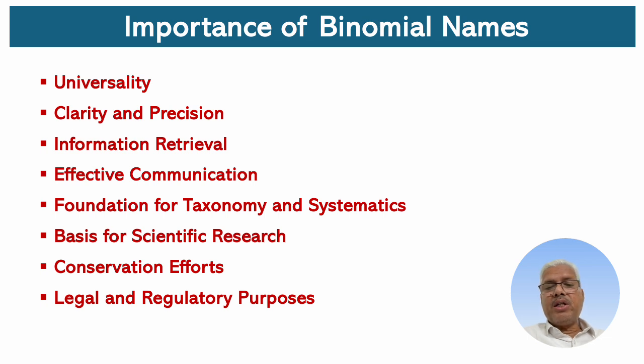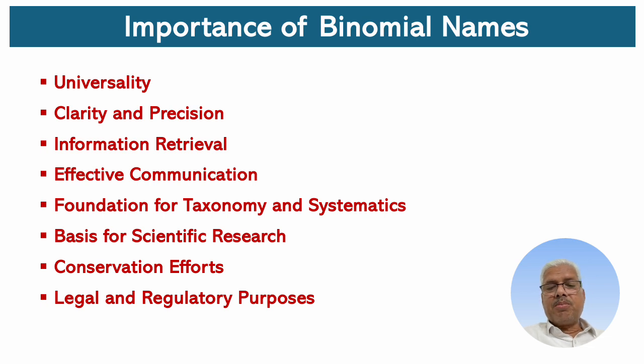Conservation relies heavily on accurate species identification. Endangered species need to be correctly identified so that conservation efforts can be targeted effectively. Binomial names are crucial for this. In many cases, laws and regulations related to agriculture, trade, and environmental protection rely on the accurate identification of species.